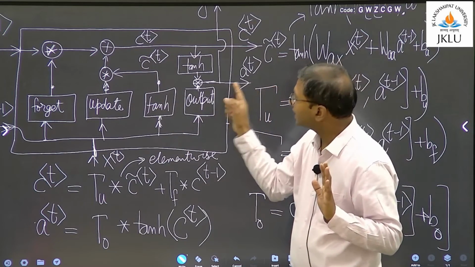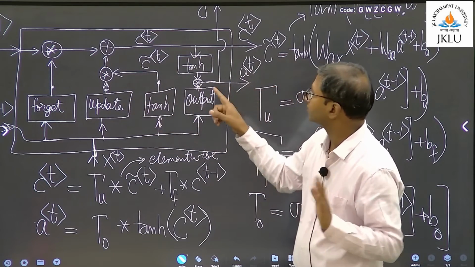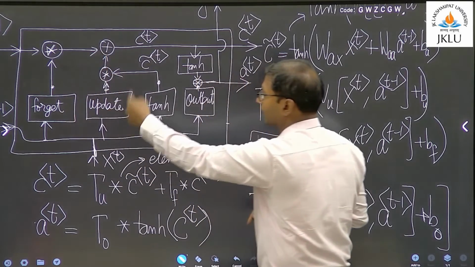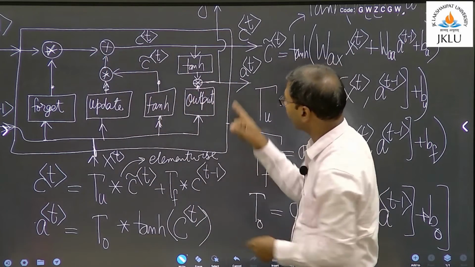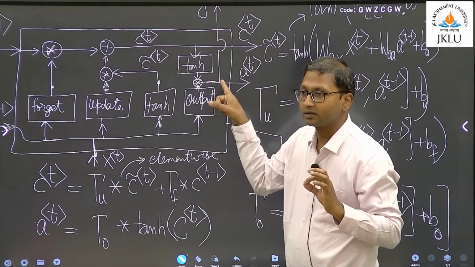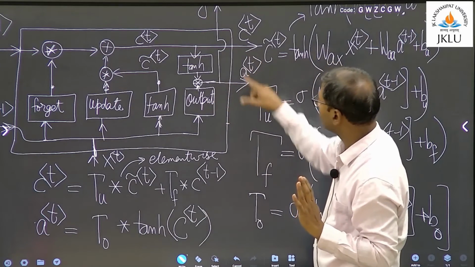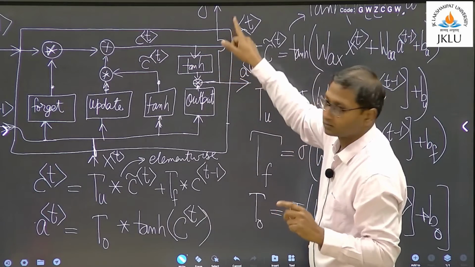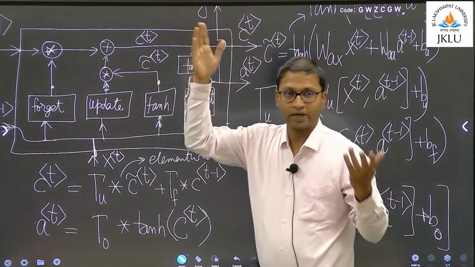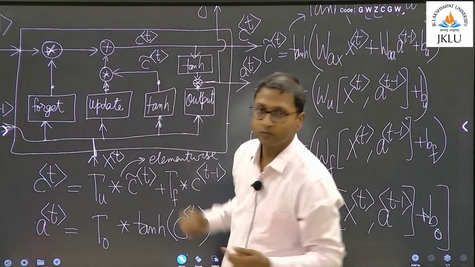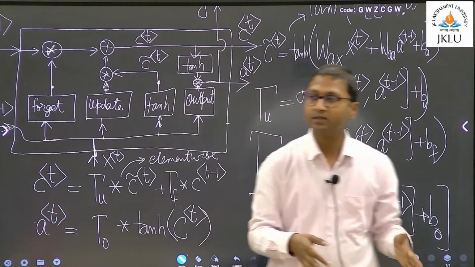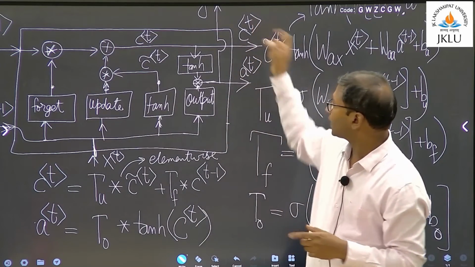If you see, this AT is receiving input from everyone. Forget, update, tanh, output, everything has something to say here, right? So AT, if you are doing language modeling, which we are doing in our case, what should my YT be now?